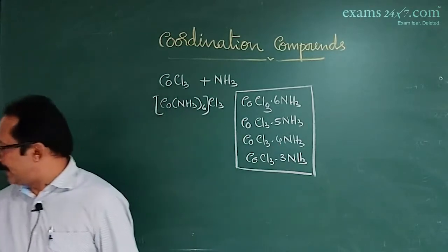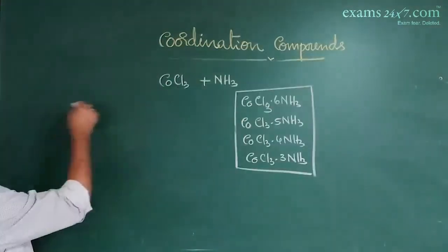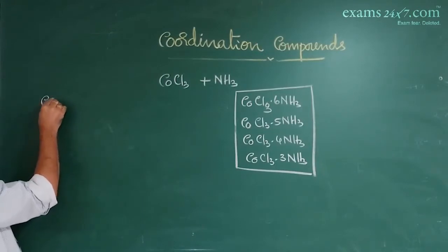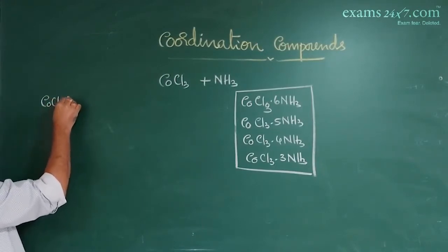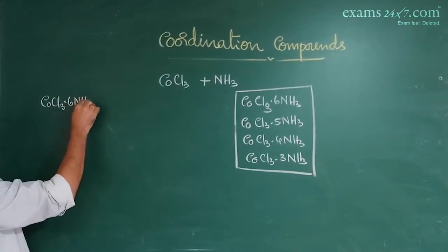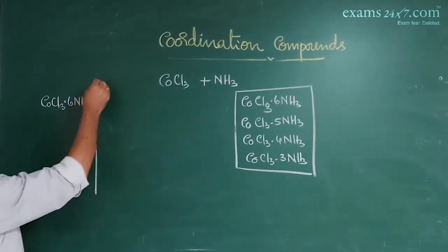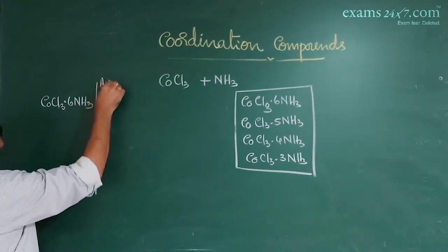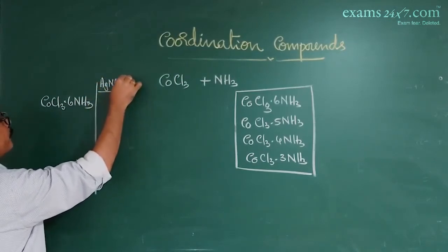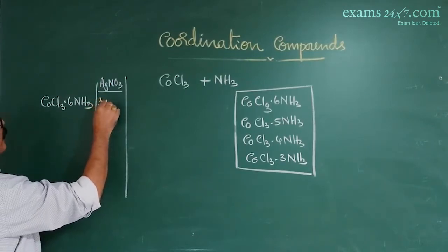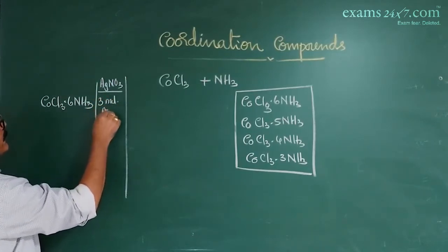I'll write separately. Just look here. The first complex, CoCl3·6NH3, on treating with silver nitrate, AgNO3, gives 3 moles of AgCl.